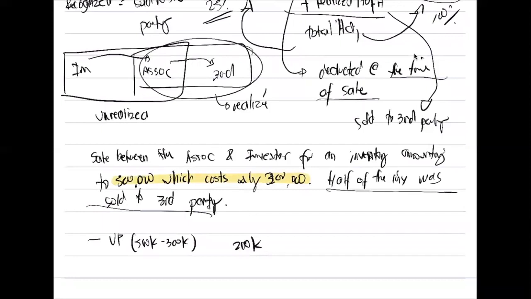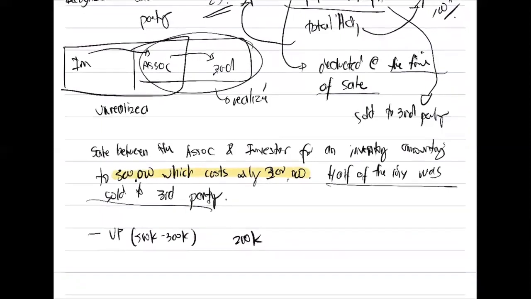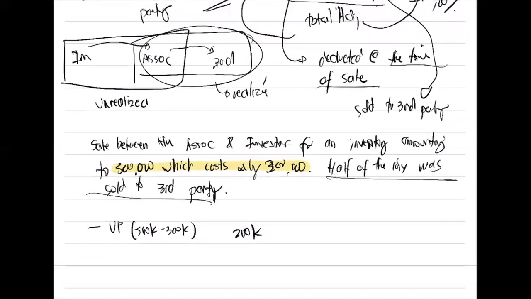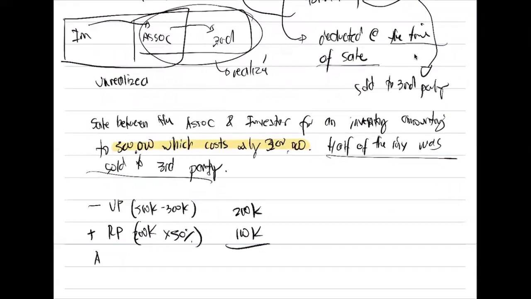Yan na yung realized, di ba? From your associate to a third party, let's say, or investor to a third party. So plus your realized profit. Half of it was already sold to a third party, so 200,000, the unrealized profit, multiplied by 50%. So this is the realized 100,000. So what is the net adjustment? 100,000 negative.